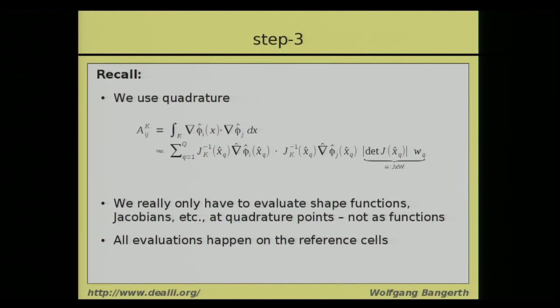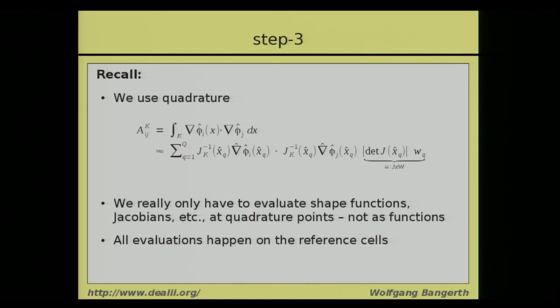And so because I do not need to evaluate most of these functions at arbitrary points, but because they always need to be evaluated at quadrature points, one of the abstractions that I can make is that I introduce another class, and we're going to call this FEValues, that provides exactly the sort of information that you need if you want to do numerical quadrature. And in particular, it is going to be the values and gradients of the shape functions evaluated on the reference cell at quadrature points.